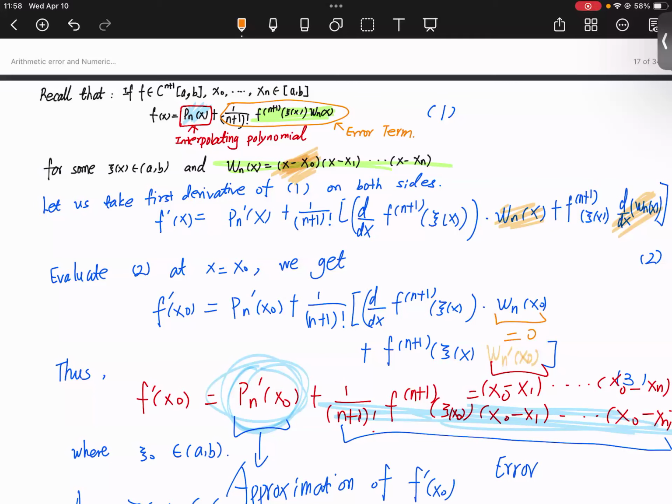Let me see. It should be 0.25, and then it should be rounding off. How many digits do we keep? We only keep one decimal digit.